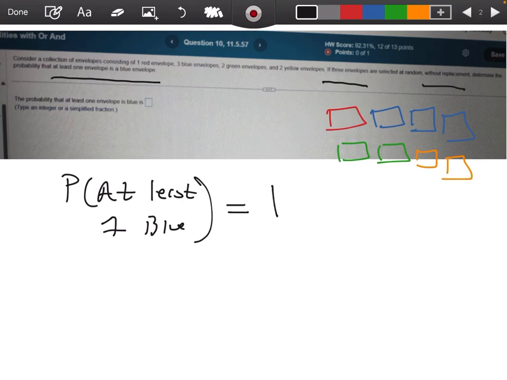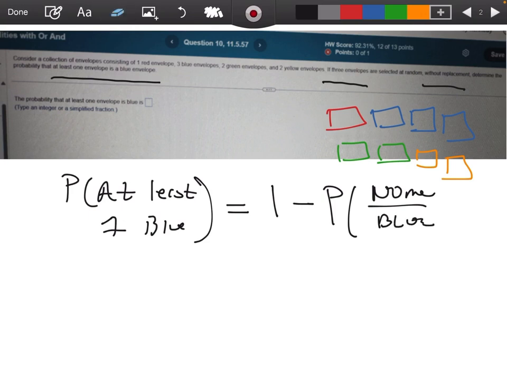Okay, so we have a little formula. When we're looking for the probability of at least one being blue, green, whatever it happens to be, the way we can figure that out is that's going to be the same thing as 1 minus the probability that none of the envelopes we pick are going to be blue.